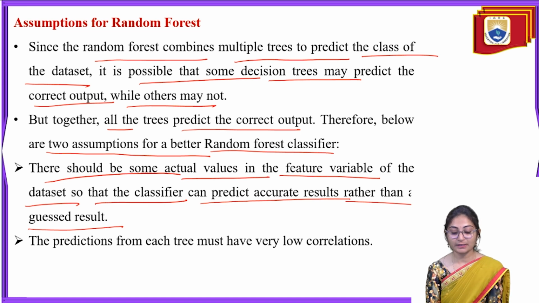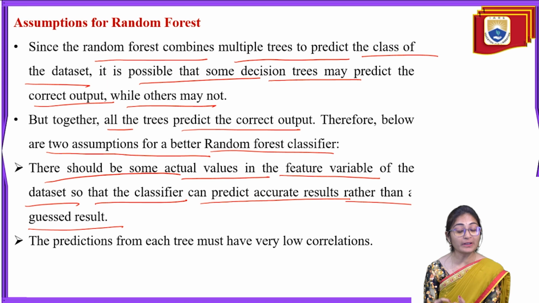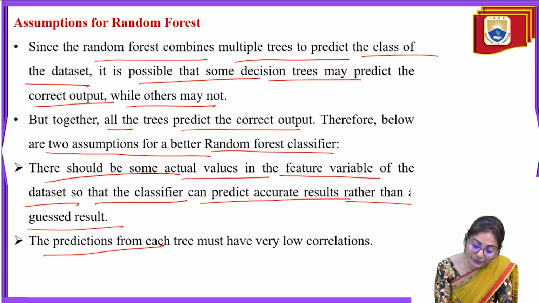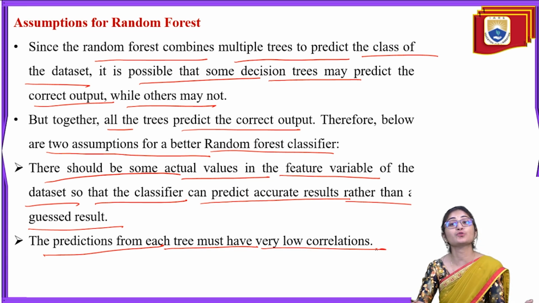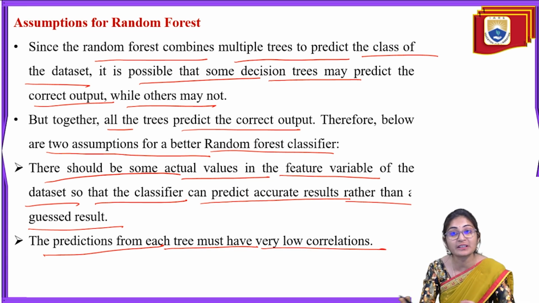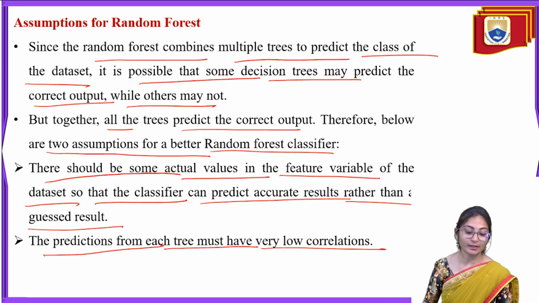Because of that you can predict accurate results. You will not guess any result. Here you will get the accurate, particular result. Second, the predictions from each tree must have very low correlation. There should not be many correlations between the variables, between the data. There should be low correlation between the variables.